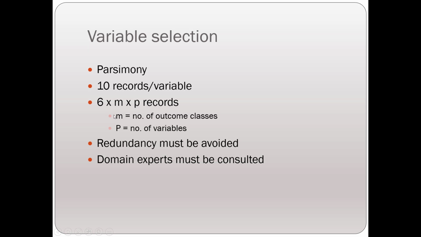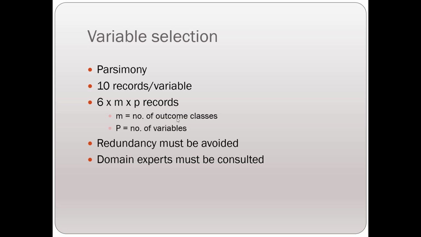In the case of the target being nominal, if you have m possible outcome classes and p is the number of variables, then 6 times m times p is generally a rule of thumb. The larger the data that you have, the better it is usually. But if you have too much data, too many variables, then you get into trouble.